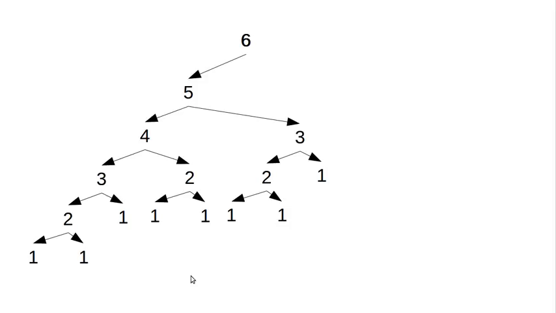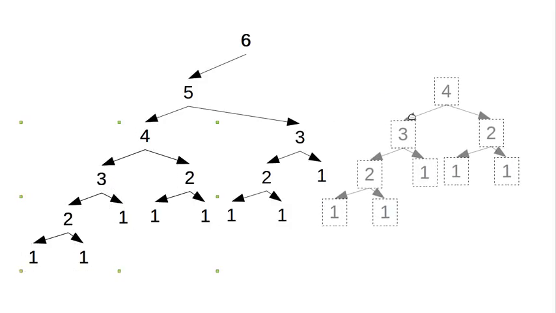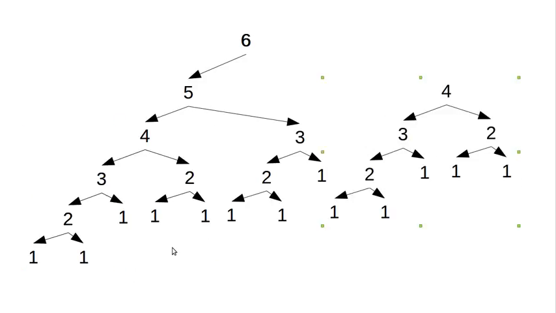Whoops. Control-Z. Paste. Make sure I grab something here. And that looks about right. And we connect that to there. Let's go ahead and drag our 6 over a bit so it's kind of centered.